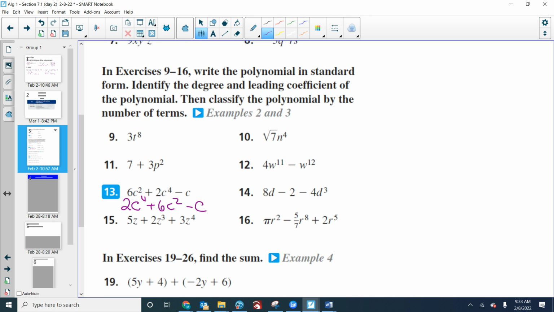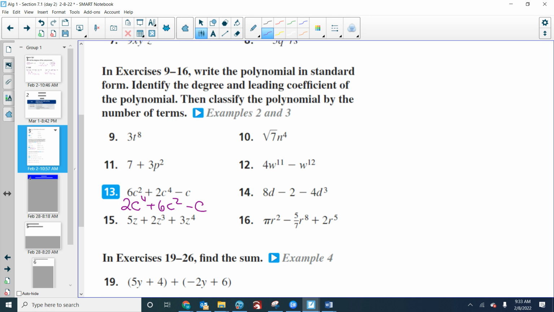What's my leading coefficient, I mean? 2. What is the polynomial by number of terms? It's 3, right? So it's what? Trinomial. And Serena's counting the 3 on her hand. Good job, Serena.